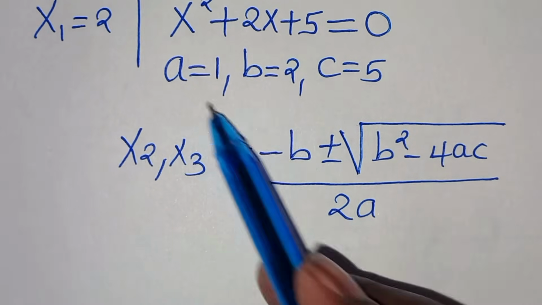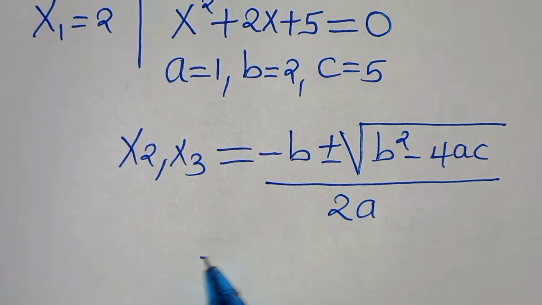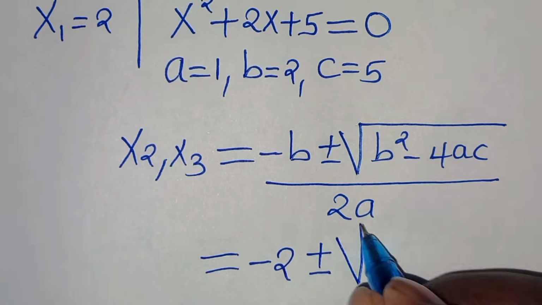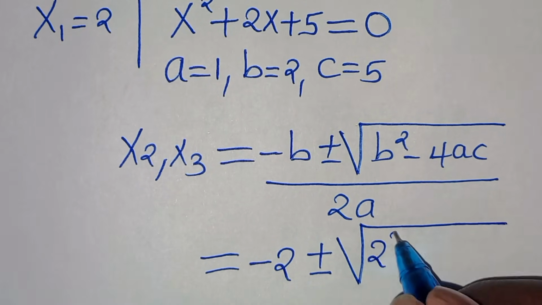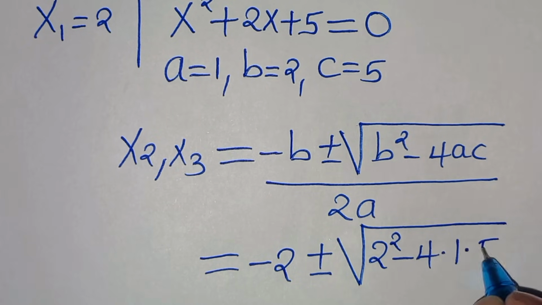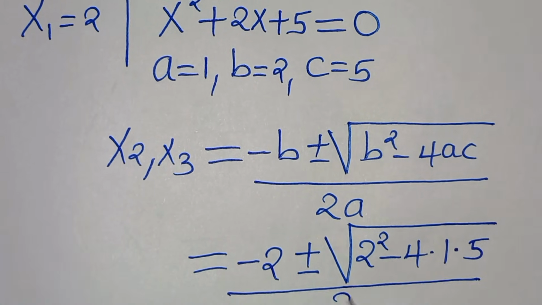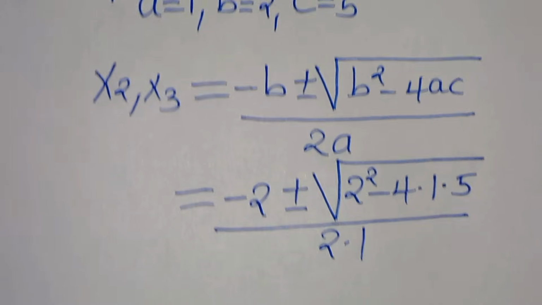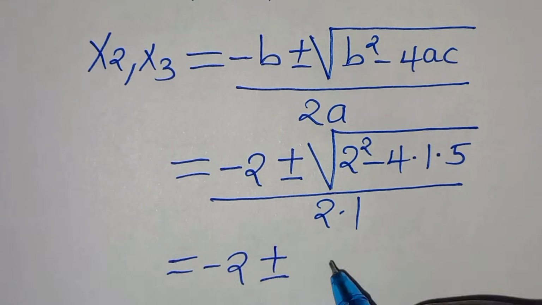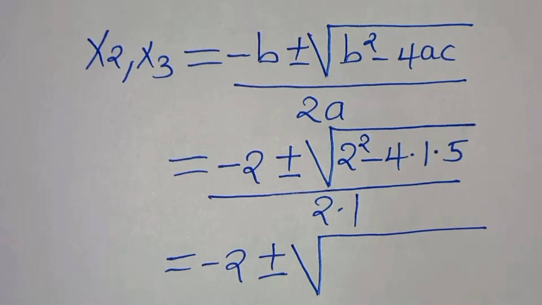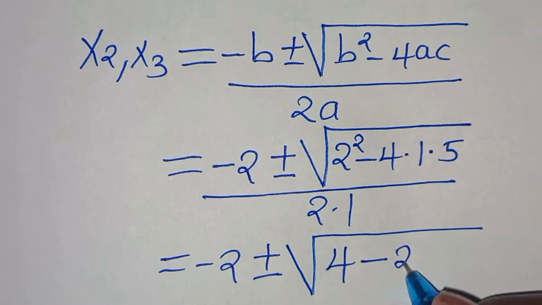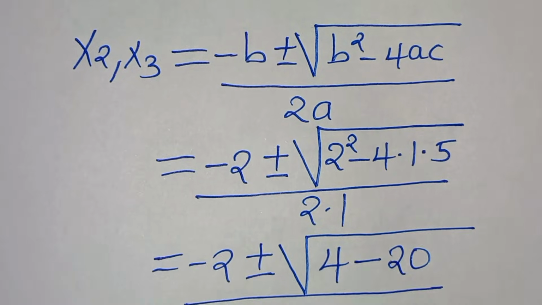Now let's substitute a, b, and c into this formula, which is minus 2 plus or minus the square root of 2 squared minus 4 times a, which is 1, then times c, which is 5, everything here divided by 2 times 1. So here we have minus 2 plus or minus the square root of 2 squared, this is 4, minus 4 times 5, this is minus 20, everything here divided by 2.